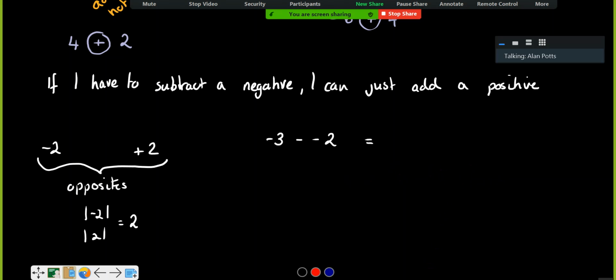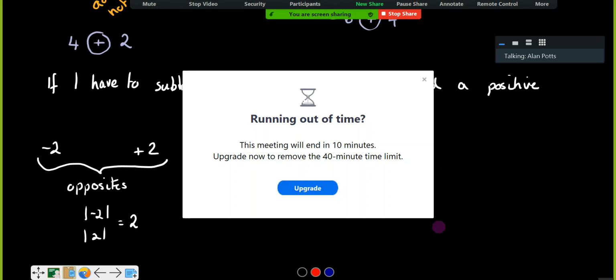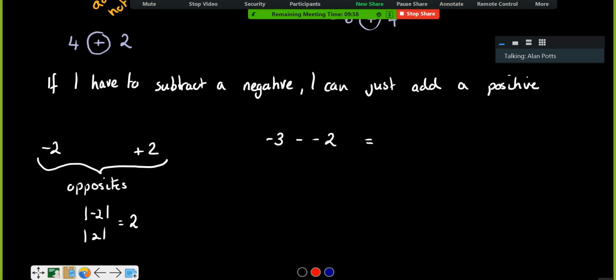is the same thing as doing, so I don't want the answer, I want what we could do instead. So we do -3. Because I'm dealing with a negative number, I can do the opposite. So I can add the positive number. Yeah?